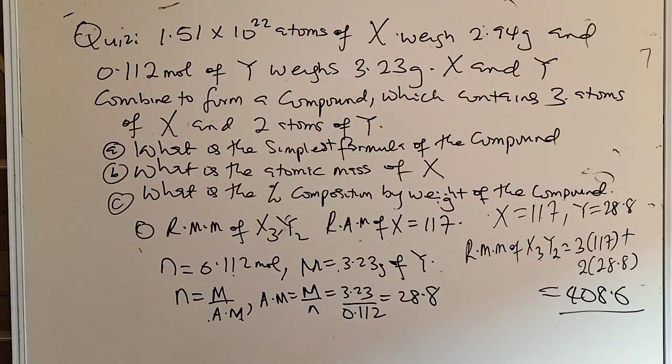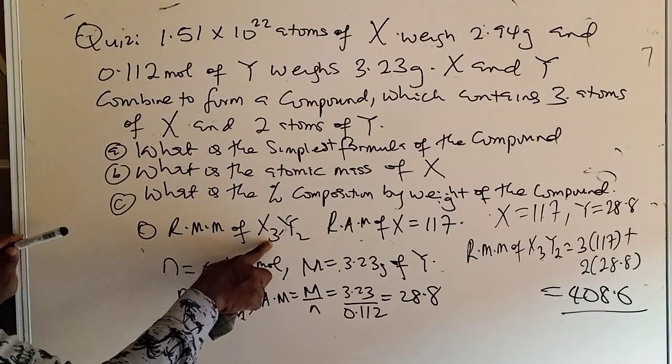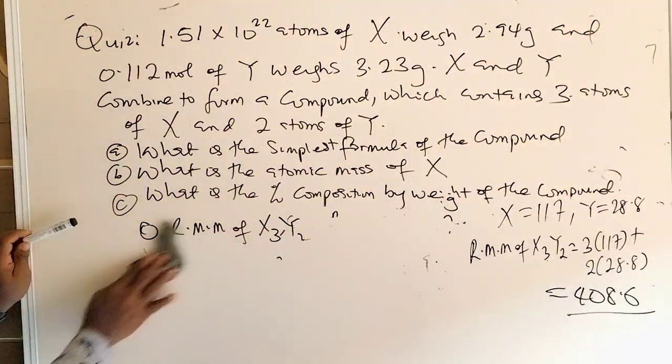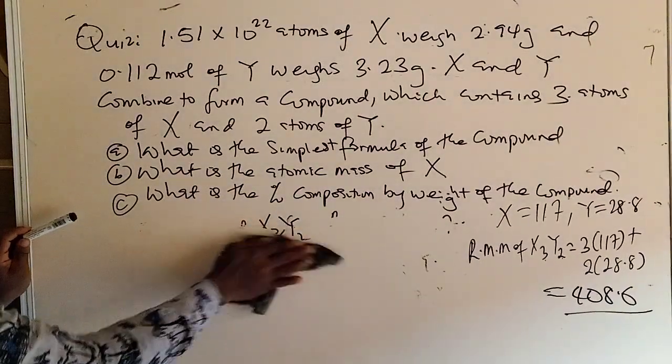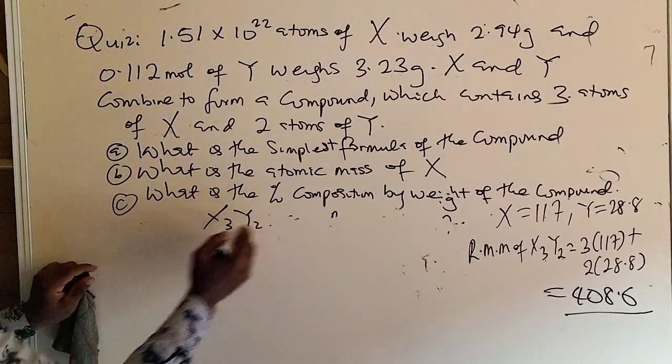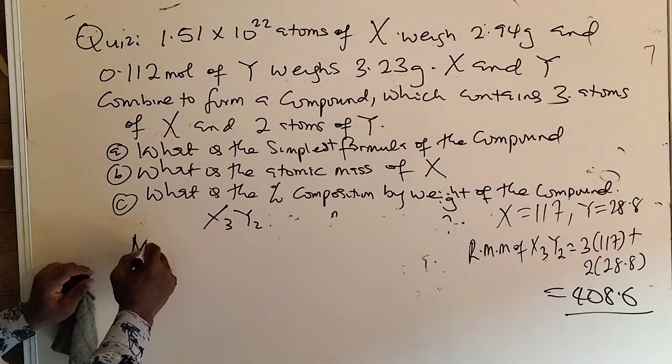So we're looking for the percentage by weight of the compound. That means we're going to find the percentage of S in the compound and the percentage of Y in the compound. So to find the percentage of S in this compound, S3Y2, now find the mass of S in the compound.